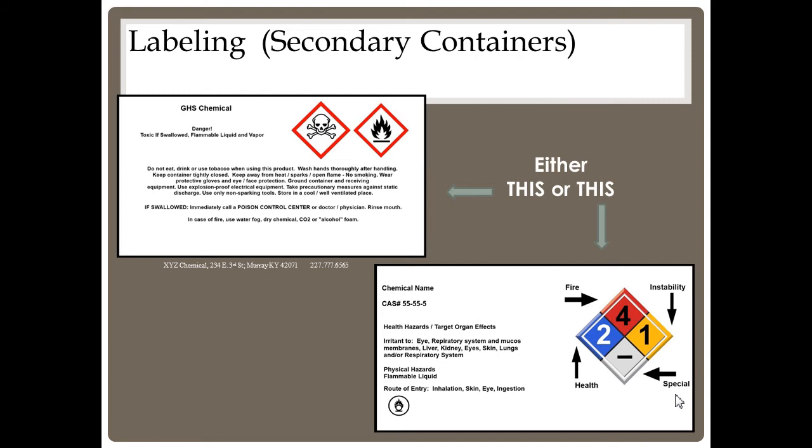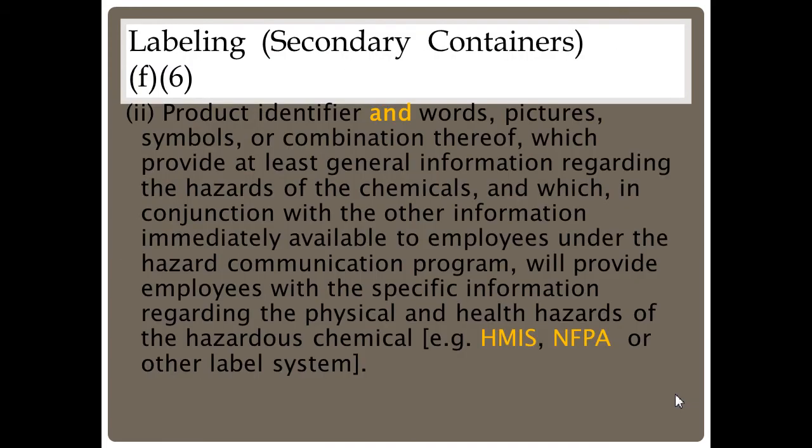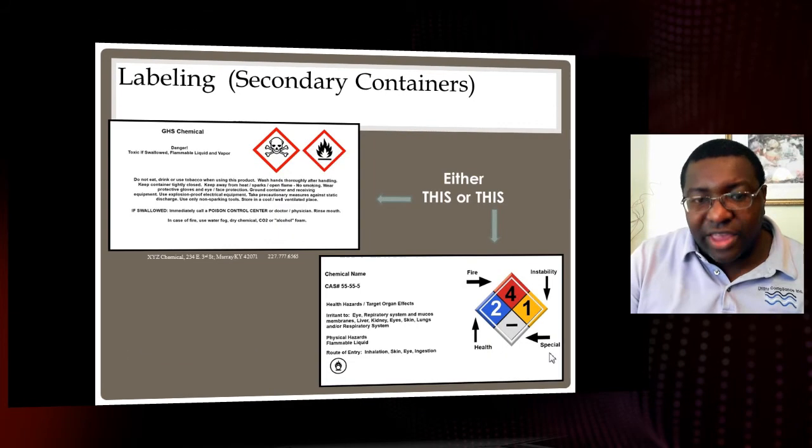But the reason why your employees need to be trained on both is they're going to see GHS labeling coming in from outside your facility. And then once it gets inside your facility, then you use your labeling system, if you choose to go with your same system. But it may get confusing. You might have to just go ahead and switch to GHS instead of using both on your secondary containers.